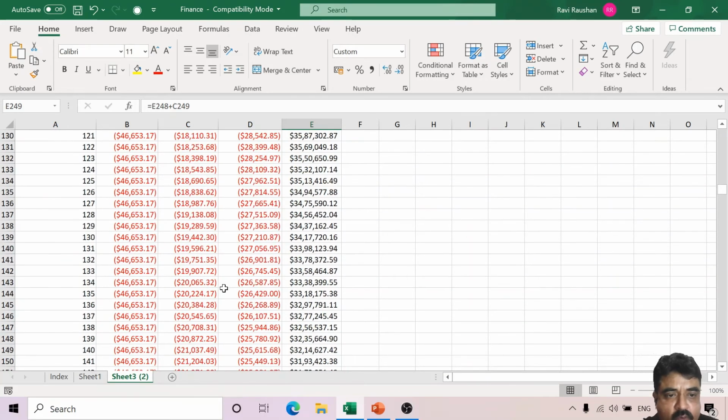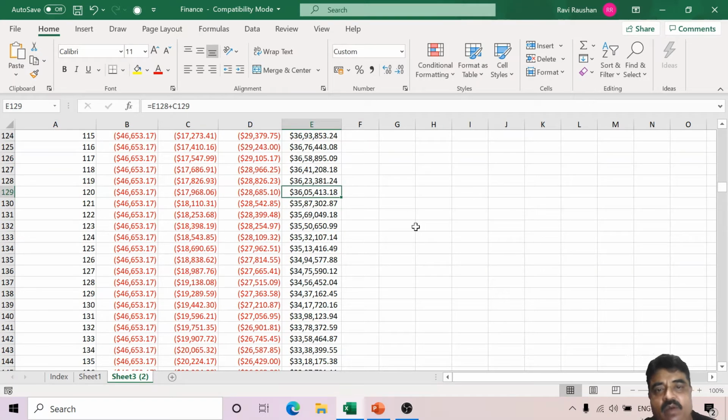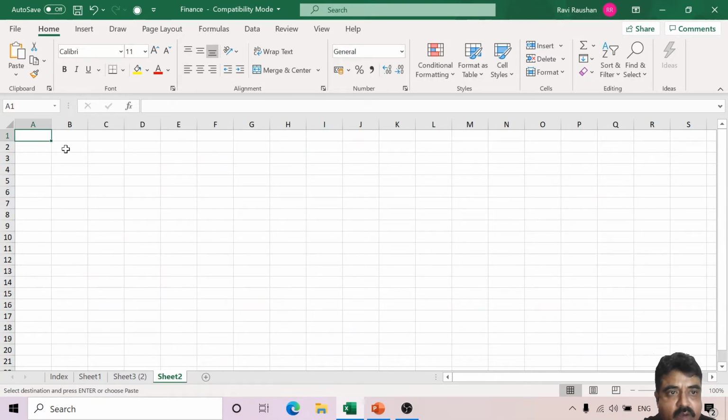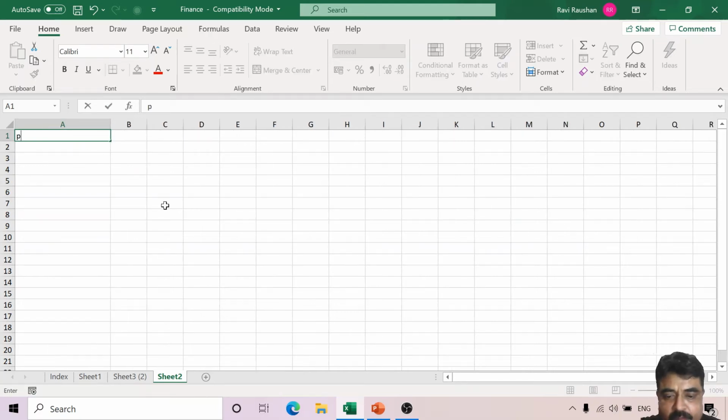So if I come to the 120th period, this is my 120th period. So when I made the payment, this is the balance amount that is remaining to be paid. So this amount I have shifted to SBI and I took a loan from SBI for this amount. So I copy it. Now I type here, this is the present value, that is the loan amount, PV.